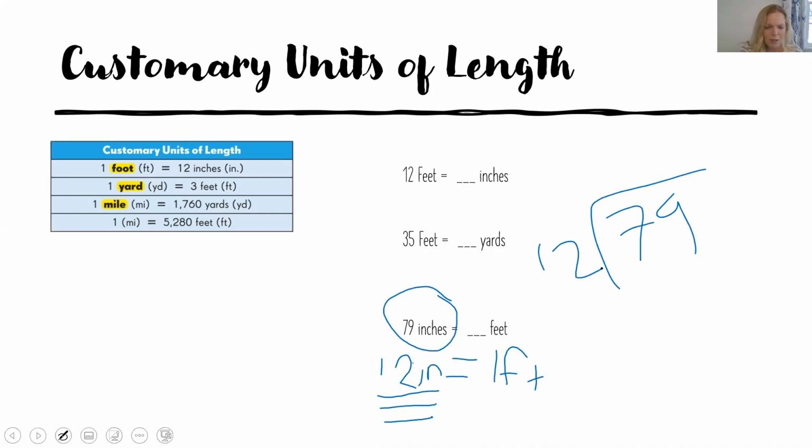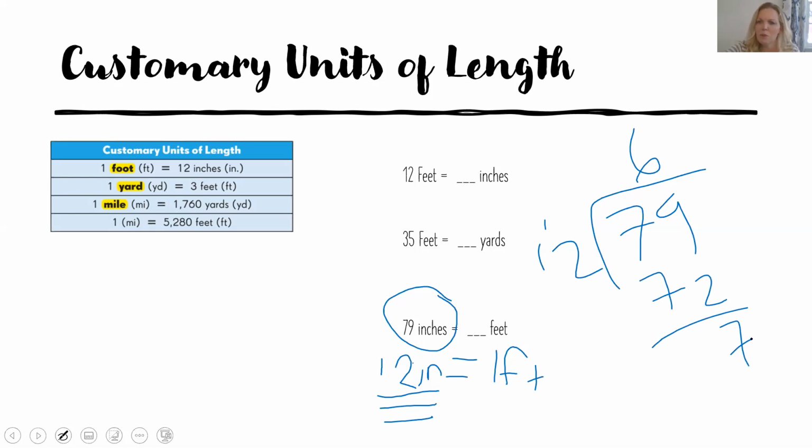Let's see, quick math. 79 divided by 12 gives me 6, with I think 5 left over. So let's do 6 times 12. Gives me 72. Gives me 7 left. Is that right?